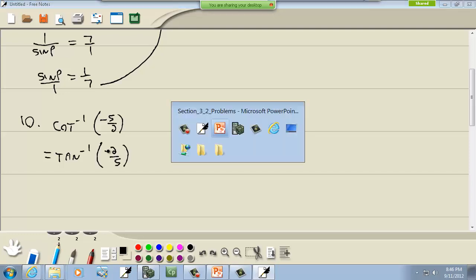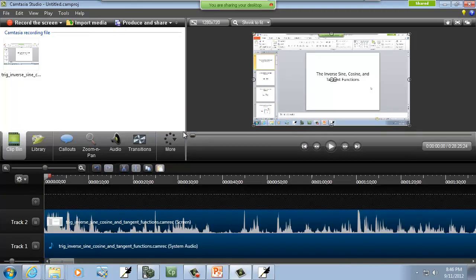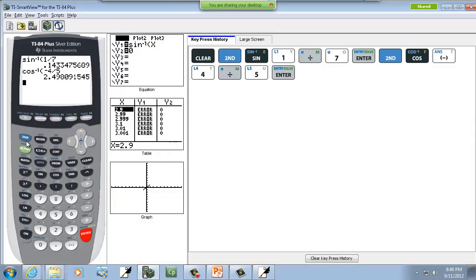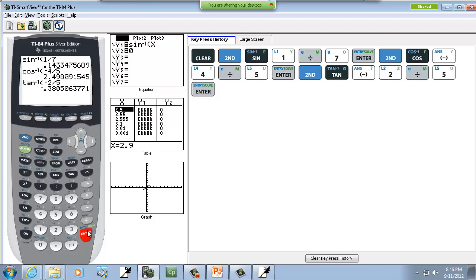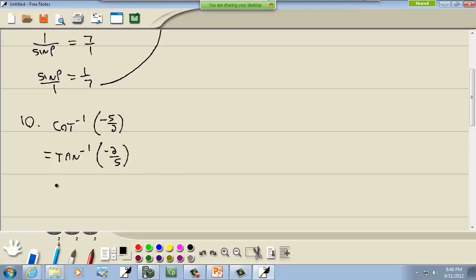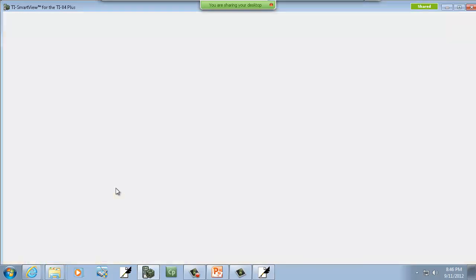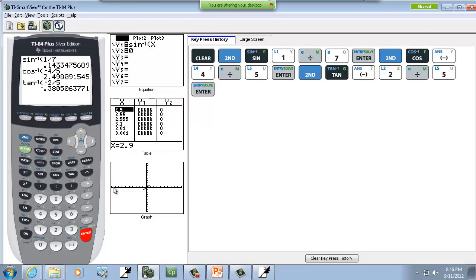Well, let's type this into our calculator. So inverse tangent of negative 2 over 5. Okay, we get negative 0.38. My eyes are bad.